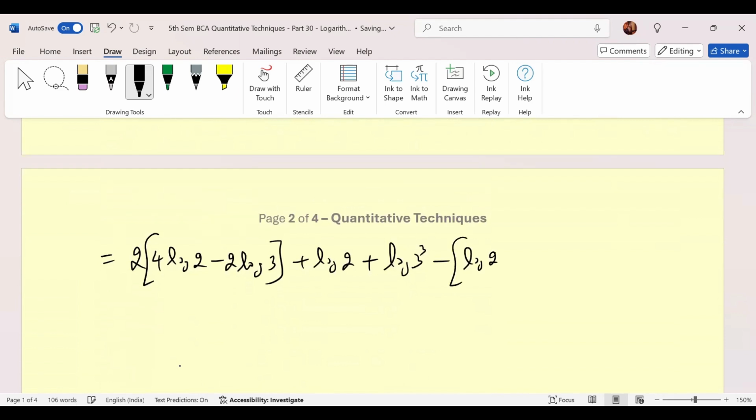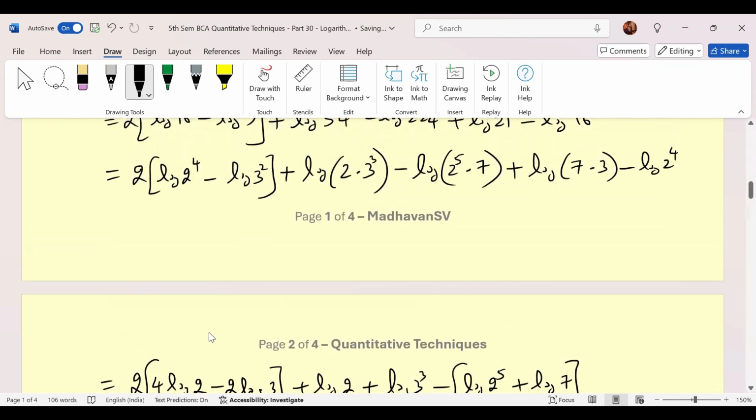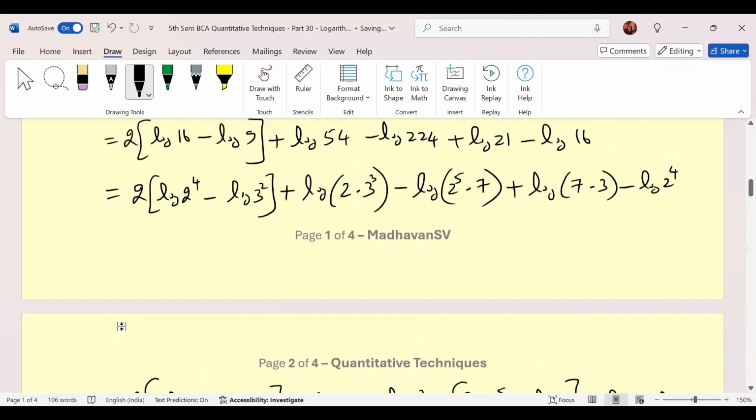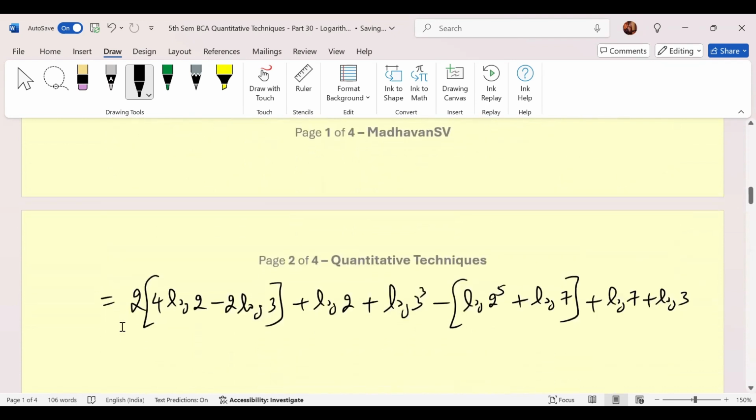Then the next one, plus log 7 plus log 3. Finally, minus 4 log 2.